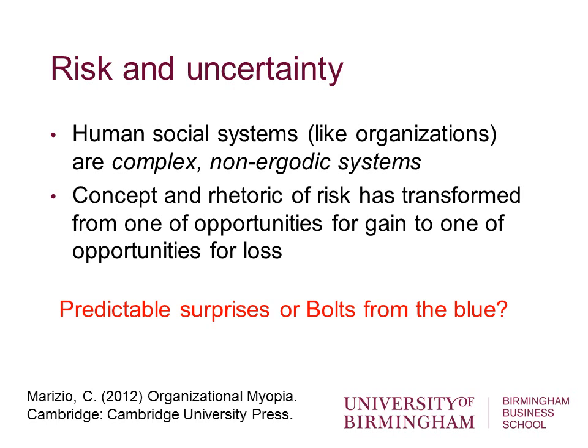So he talks about bolts from the blue, sudden surprises, or whether surprises are actually predictable. Because if we understood that social systems are complex, non-ergodic systems, and if we understood that the rhetoric of risk has changed, then we wouldn't be surprised about these bolts from the blue, as we call them, these surprises, these Deepwater Horizon events.